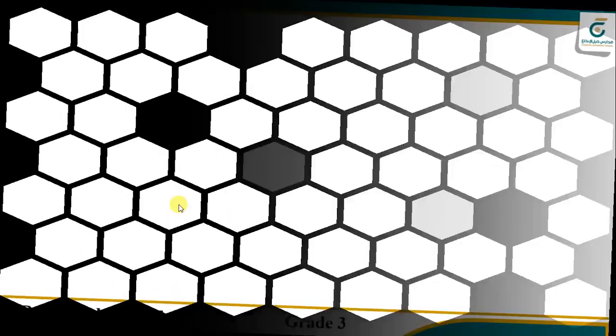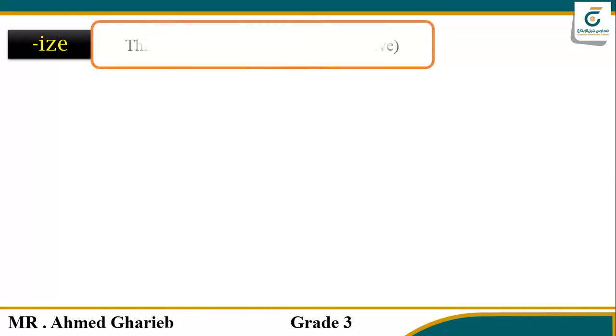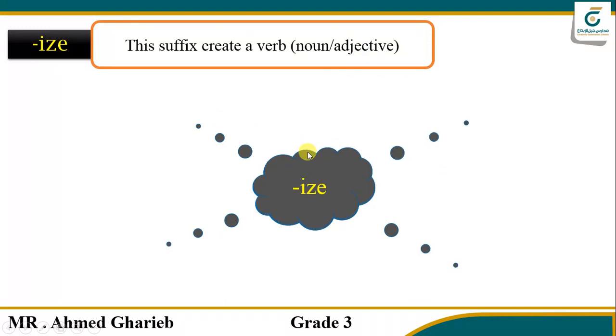The third final syllable is eyes, spelled I-Z-E. If I find this syllable at the end of the word, it must be a verb, and sometimes the base word was a noun or an adjective. Let's have some examples. The first one, organize.